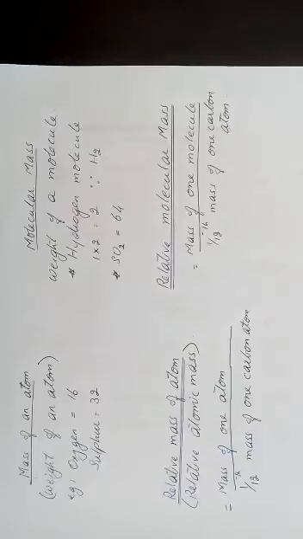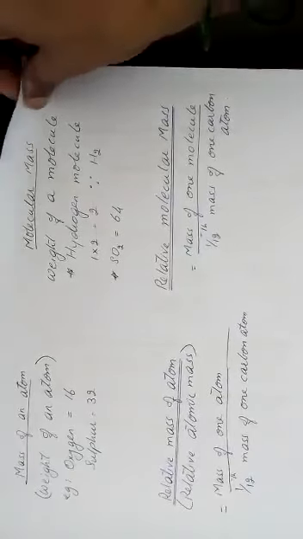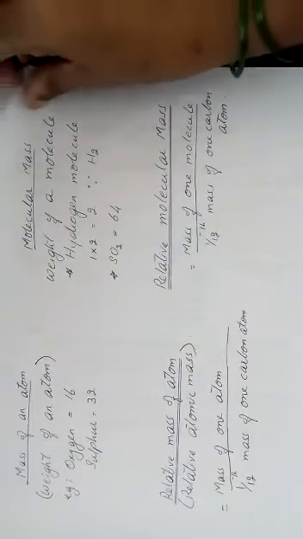Now, let us go ahead in understanding how to calculate the molecular mass of a given substance. Let us take the example of the water molecule, which we write as H2O. That means hydrogen has a mass of 1, oxygen has a mass of 16.